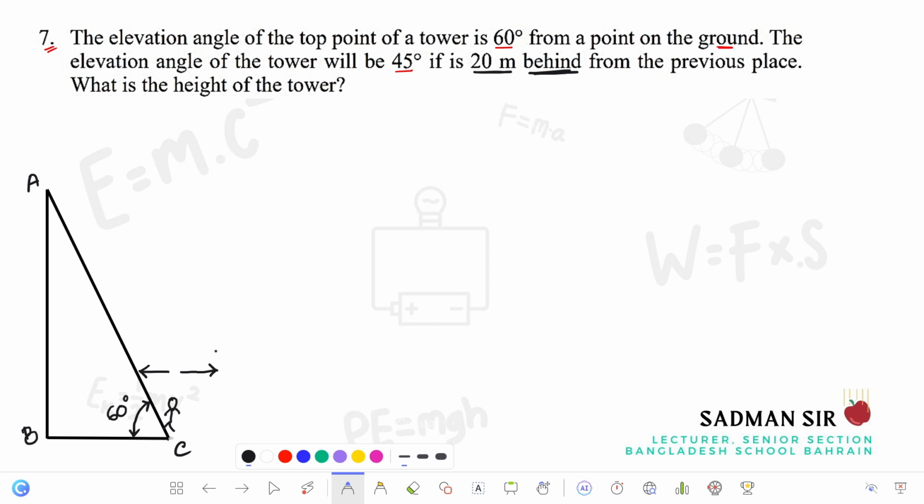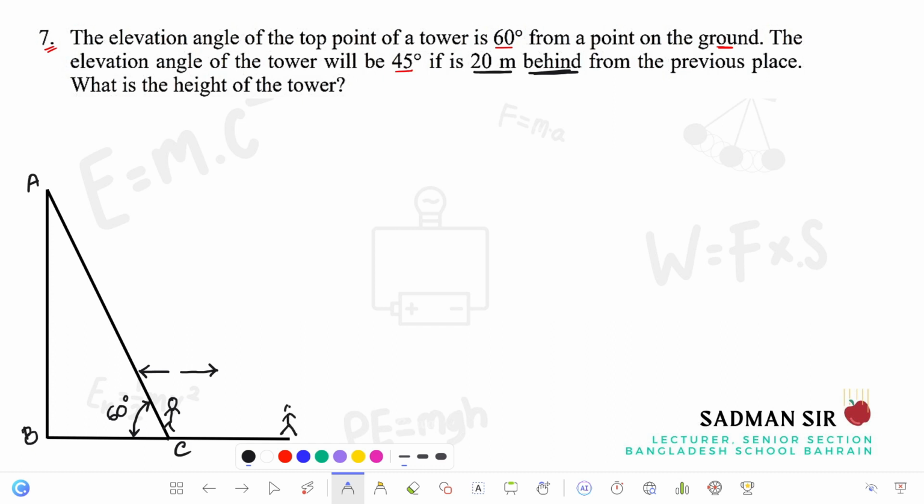Always remember, in this type of question there are generally two variations. One, they say 20 meter forward, so you move towards the tower, and the other, like this question, they ask you to move 20 meter behind, so you have to move away from the tower. If you move 20 meter away, let us say you have come to this position.